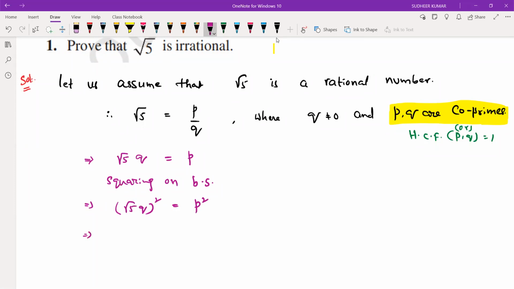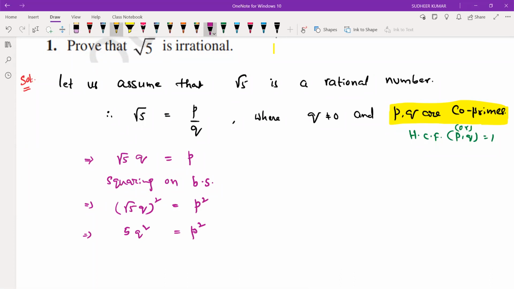Then root 5 square is 5, so 5 Q square equal to P square. Then we can write 5 divides P square.